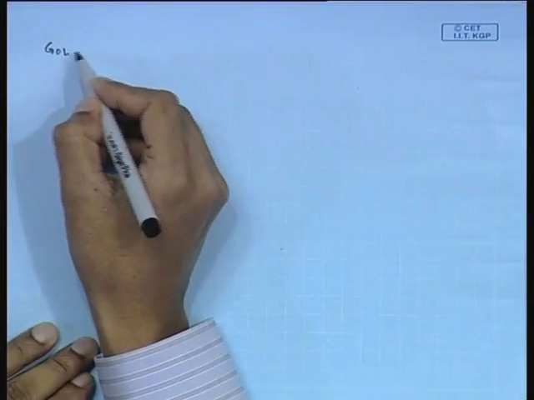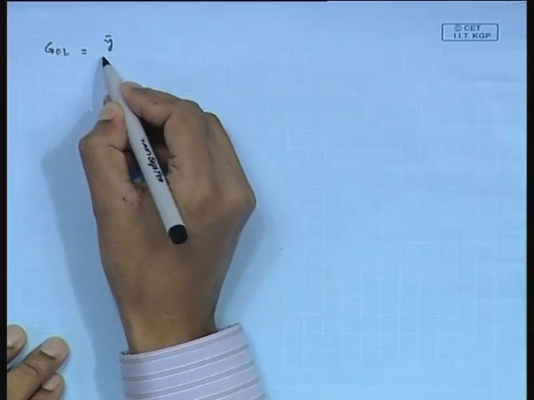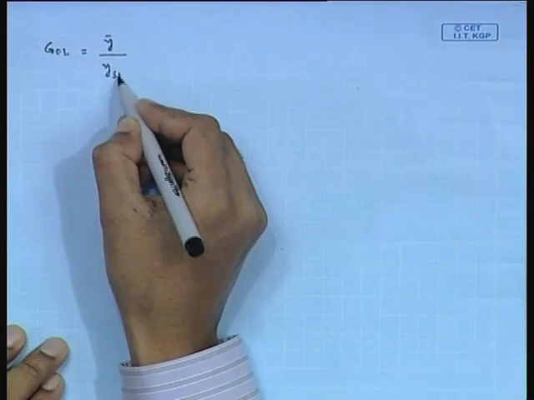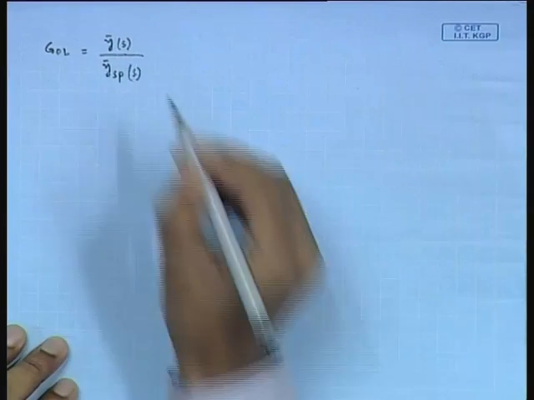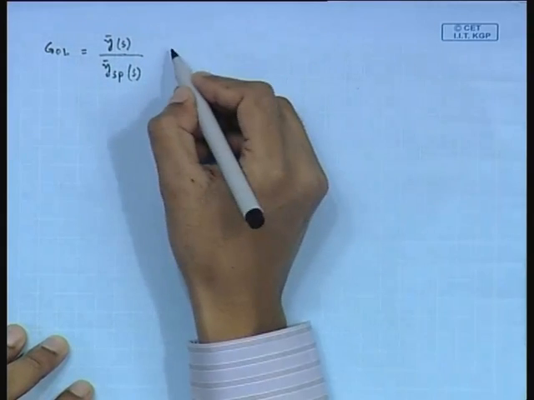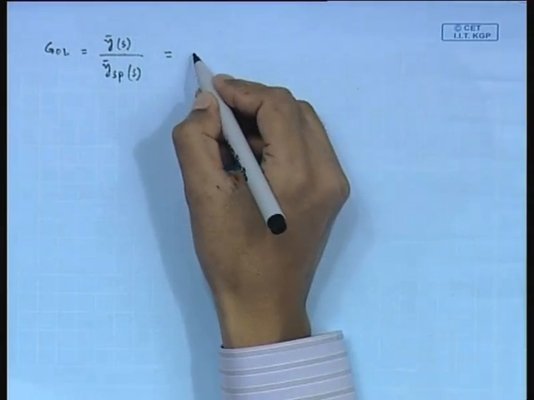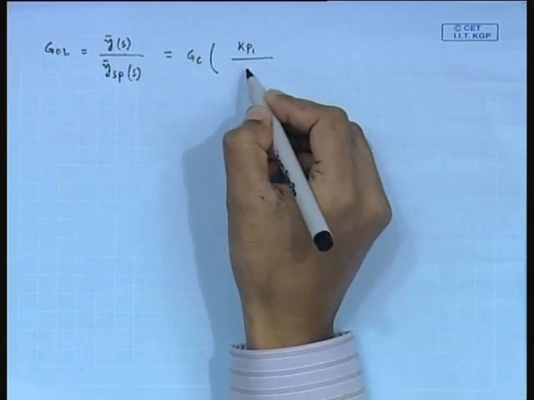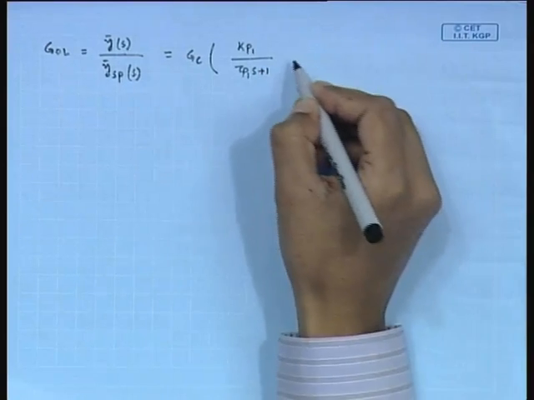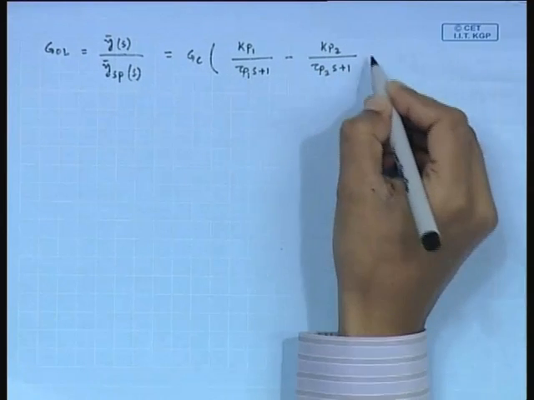Now, what is the open loop transfer function? Open loop transfer function we can write as y by y set point. This is the open loop transfer function, and this can be expressed in terms of individual transfer functions as Gc multiplied by Kp1 divided by tau p1 s plus 1 minus Kp2 divided by tau p2 s plus 1.